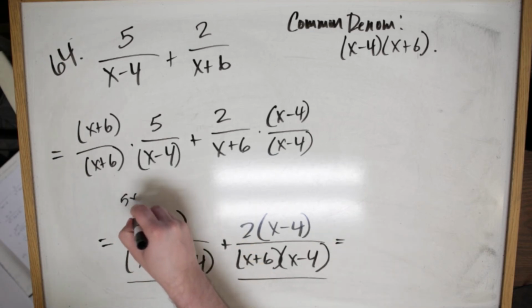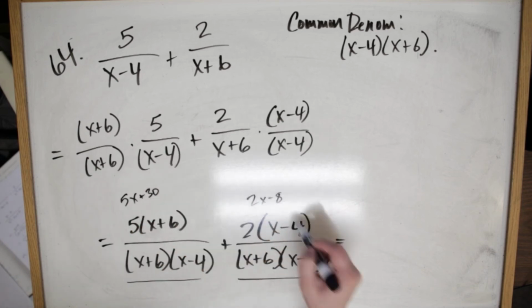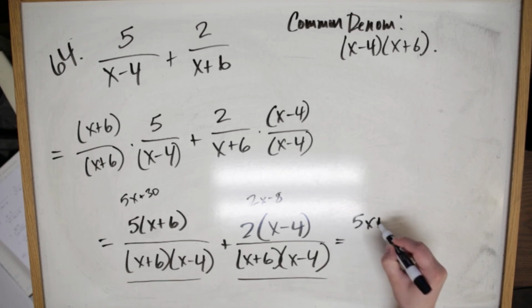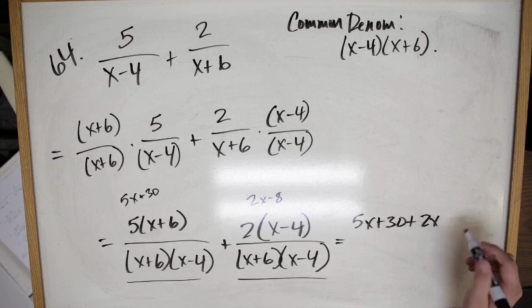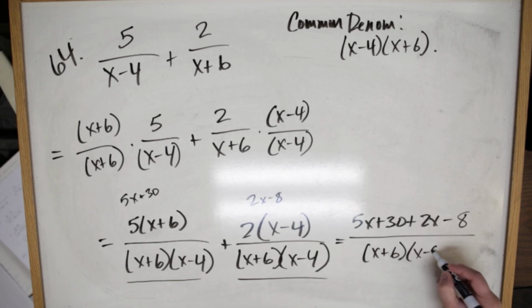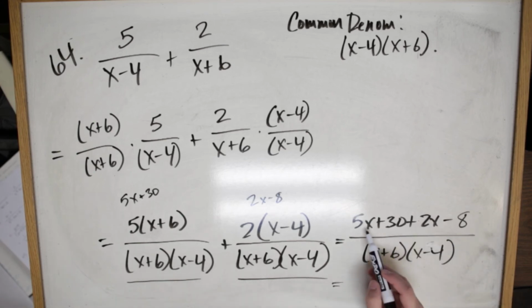I'm going to just kind of on the side multiply this out. This is 5x plus 30. This is going to be 2x minus 8. Okay, so I've got 5x plus 30 plus 2x minus 8 all over x plus 6, x minus 4. All right, and then one more time, we can merge these together.